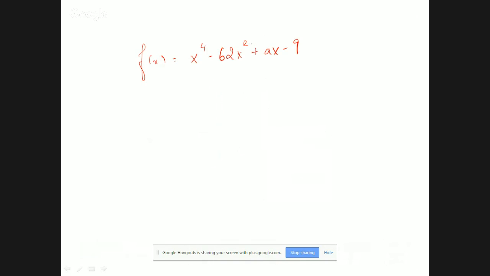They were asking, at x = 1 it attains a minimum value, find out the a value. So it's very easy.